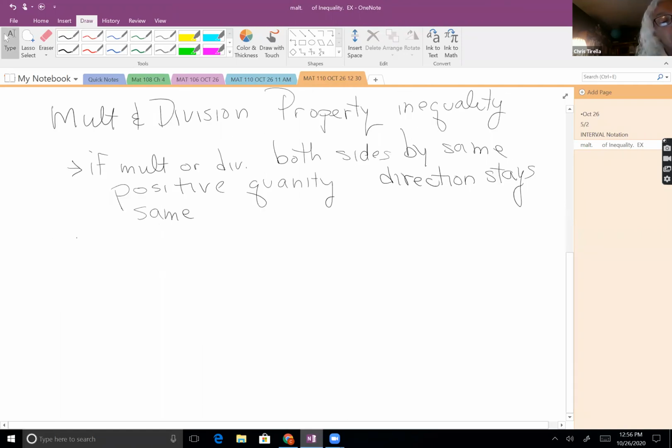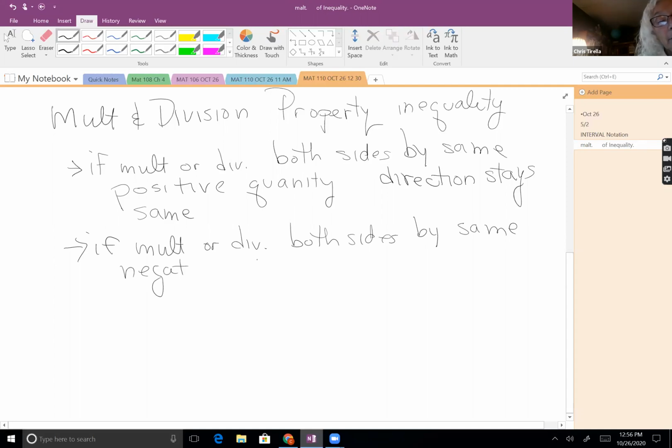But if I multiply or divide both sides by the same negative quantity, the direction is reversed.